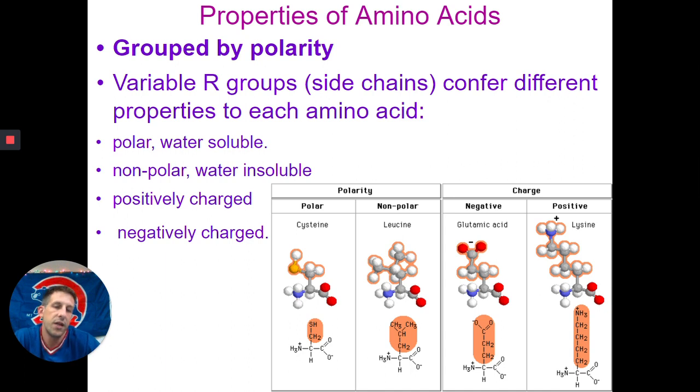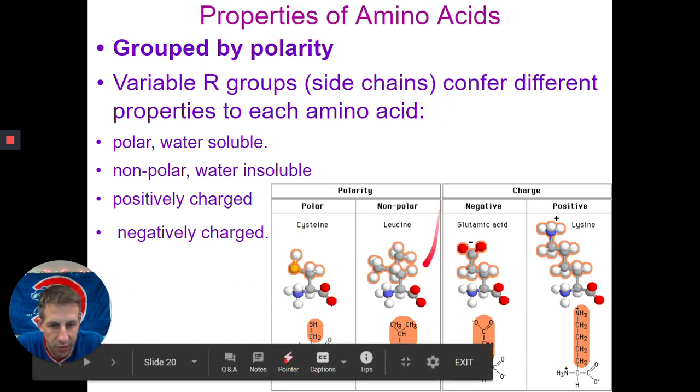But the short story here is that depending on what the variable R group is, whether or not it's polar, like the one we see in cysteine, it has that CH2SH group, that little pink area, that variable R group is actually polar, which makes the entire molecule as a whole polar as well. Now if we look at the one next to it, leucine, leucine is nonpolar, and the reason we see that is because it's got a lot of hydrocarbons.